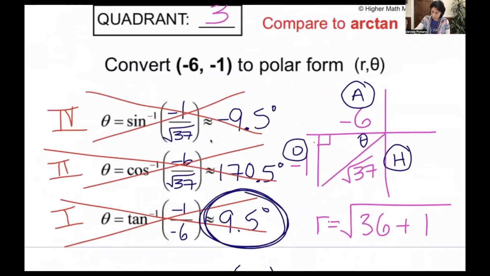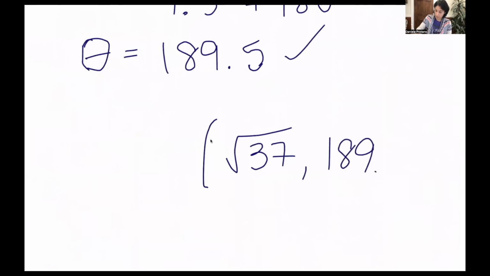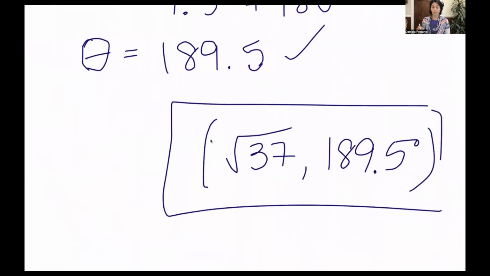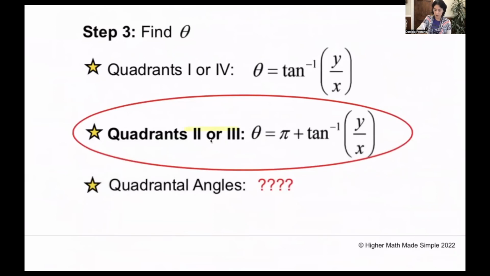Okay, so if we remember, we got the square root of 37, which is our r, and then theta was 189.5 degrees. So this would be my polar coordinate. If we noticed, when we did quadrants 2 and 3, you find the arctangent and then you add pi radians or 180 degrees.